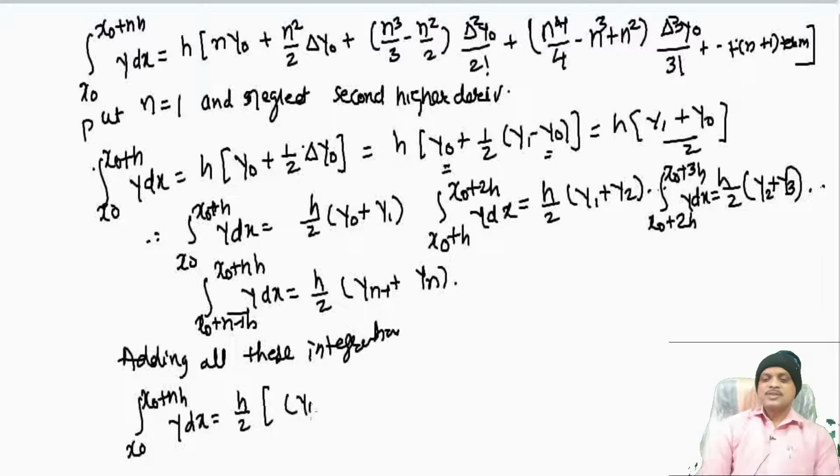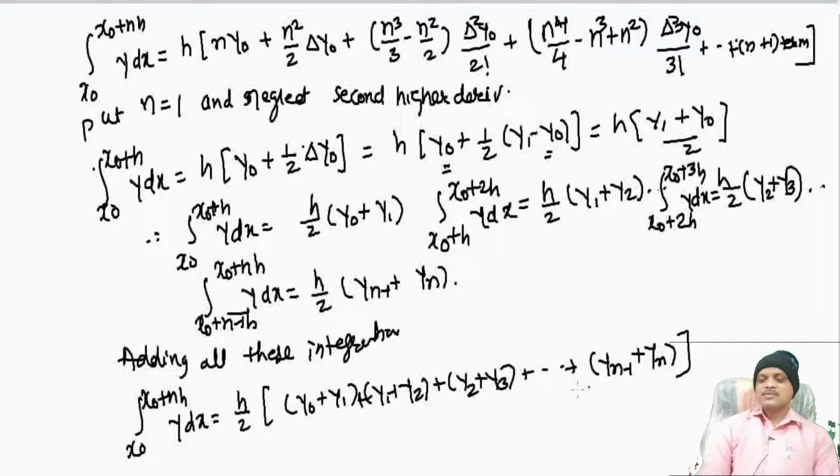The first term is y0 plus y1, the second is y1 plus y2, the third is y2 plus y3, and the last term is yn minus 1 plus yn.